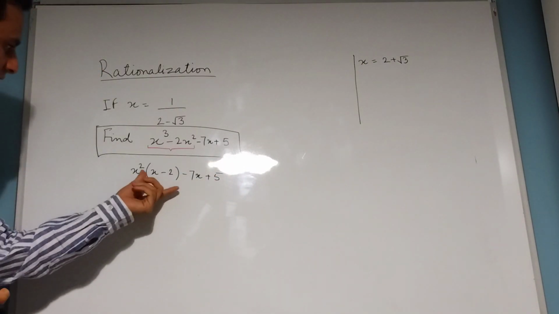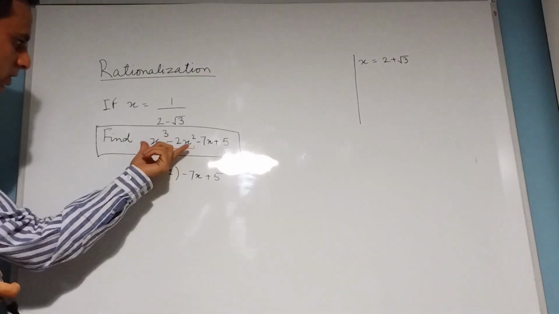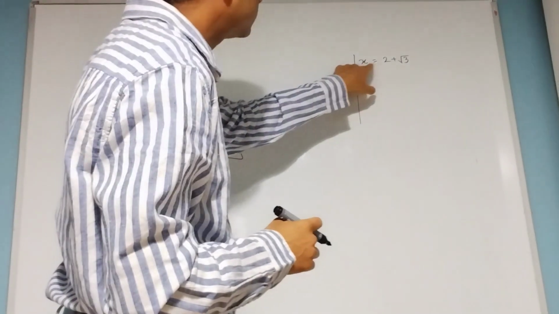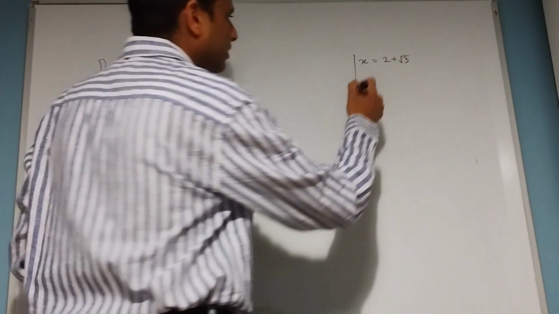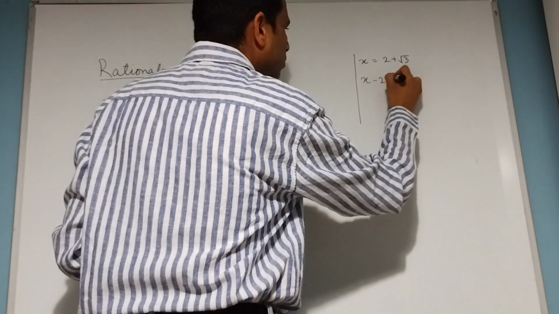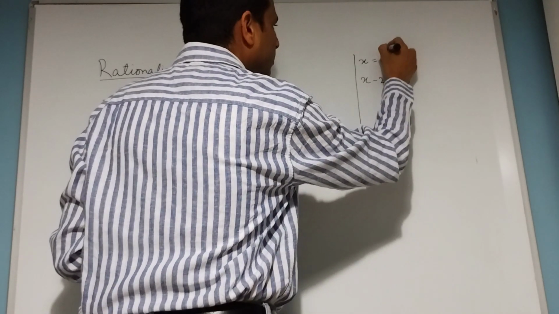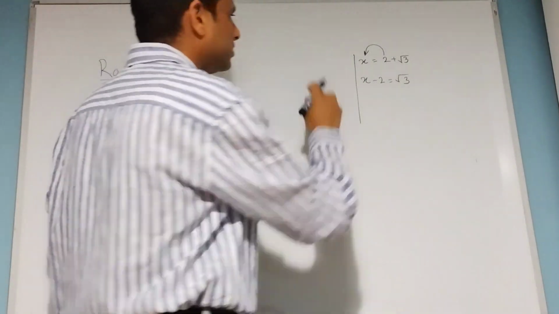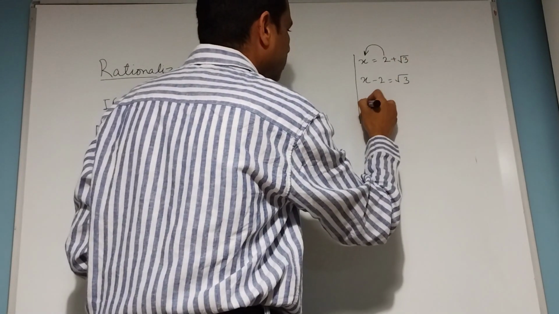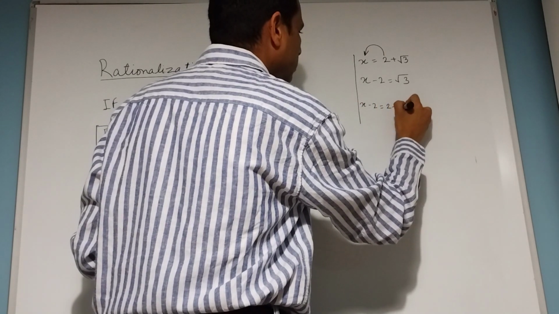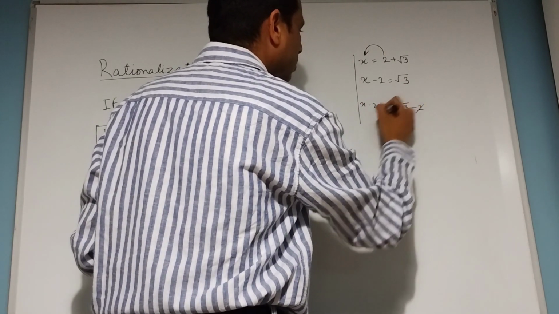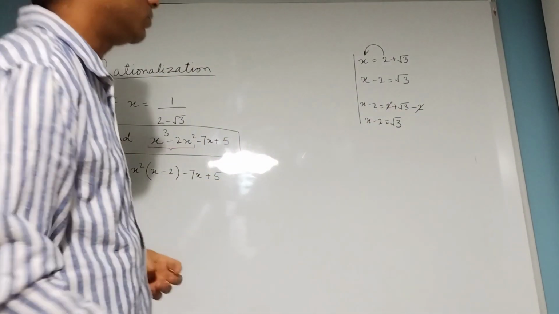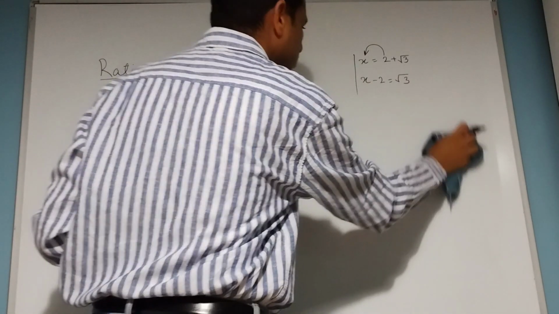Now why I have taken x squared as common and only considered these two parts of the equation is because when I see x equals 2 plus root 3, I can write this as x minus 2 equals root 3. I have transferred this 2 here. Or in other language, you can say subtract 2 from both sides, it becomes x minus 2 equals 2 plus root 3 minus 2, or x minus 2 equals root 3. Whatever way is comfortable with you. We see that x minus 2 equals root 3.